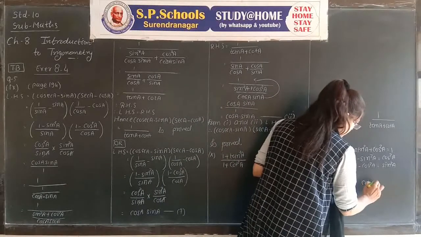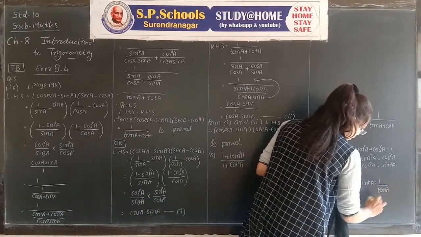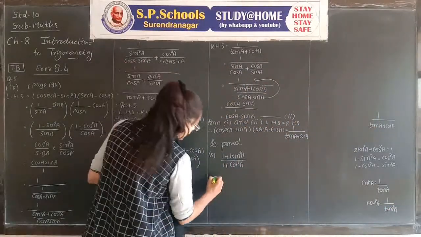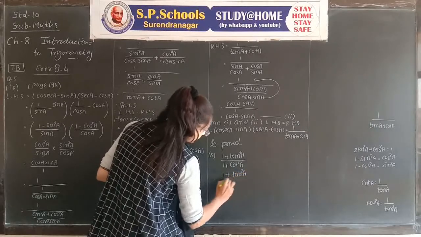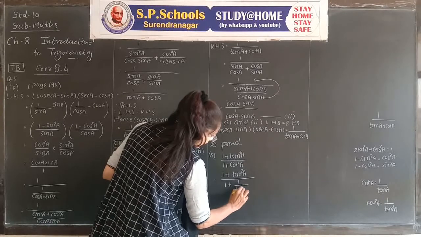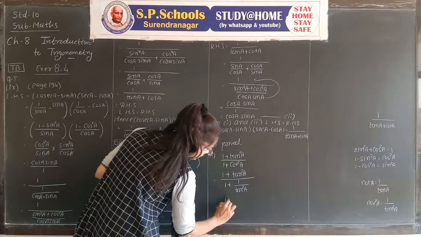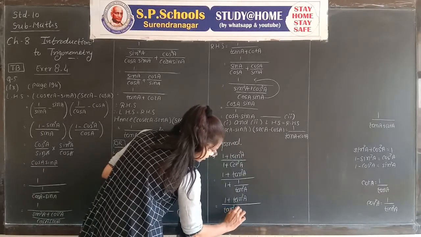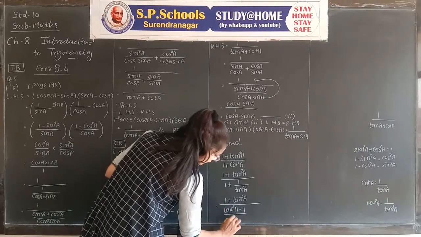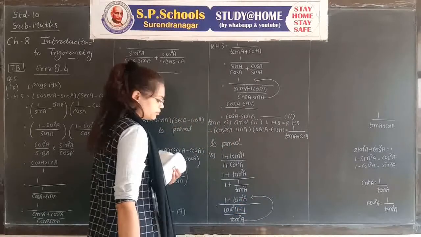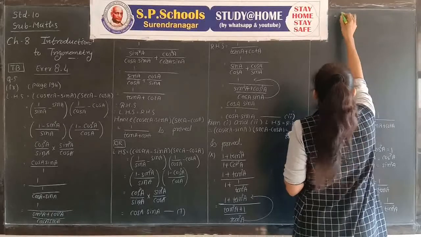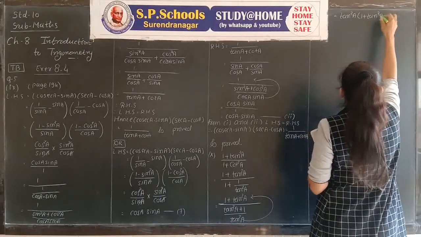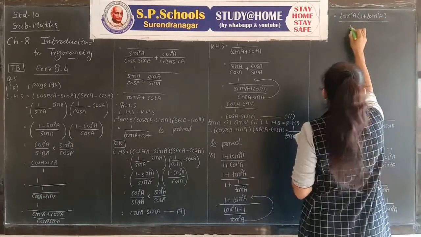As we know, cot A is equals to 1 upon tan A. That's why cot square A is equals to 1 upon tan square A. So 1 plus tan square A upon 1 plus 1 upon tan square A is equals to 1 plus tan square A upon (tan square A plus 1) upon tan square A. Now denominator's denominator goes to the numerator and we get tan square A into bracket 1 plus tan square A upon tan square A plus 1.